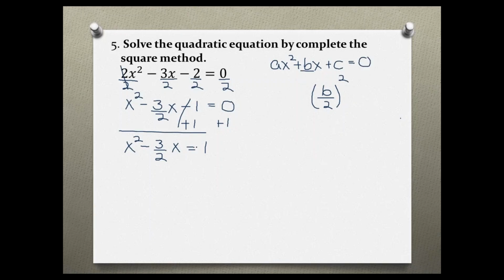We are going to use this equation right here because this is the equation we are manipulating to create a perfect square trinomial. So our b in this case would be negative 3 over 2, divided by 2, and all that squared.